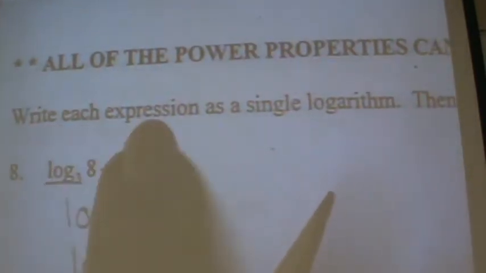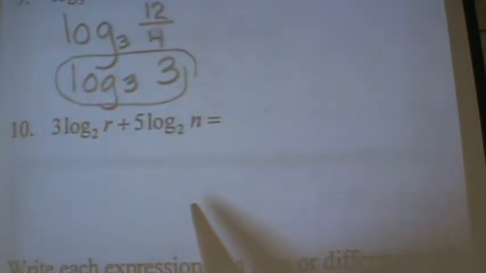So believe it or not, all of this is really equal to 1. But in the directions, it just says, write each expression as a single log. Then simplify if possible. So this is the first step, that's writing it as a single log. And then the second part, which says to simplify it, what is the log of 3 base 3? 1. So there's 2 answers here.